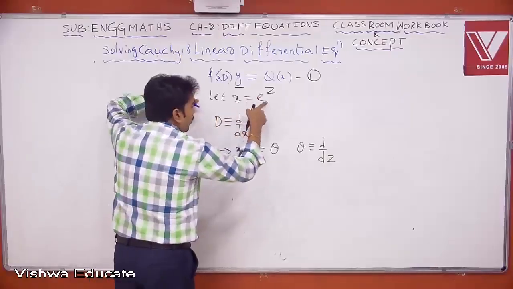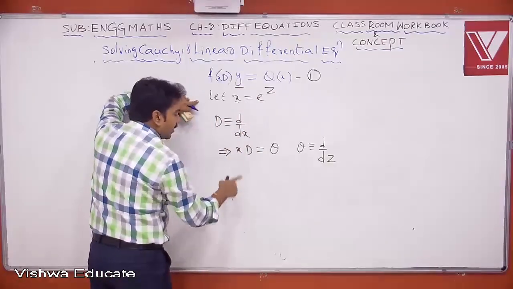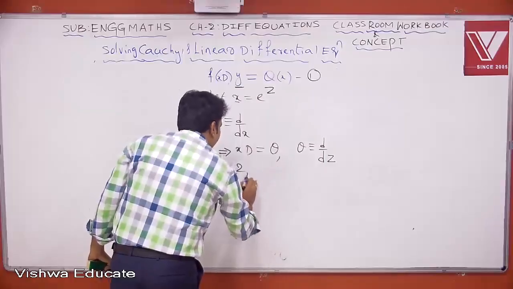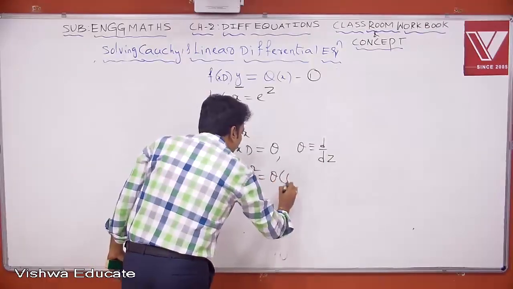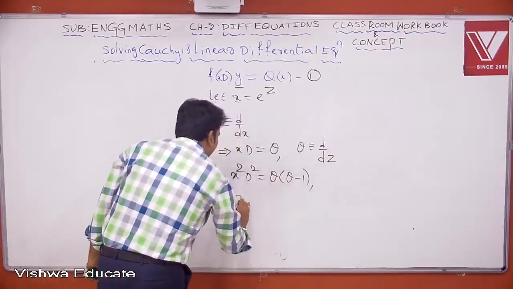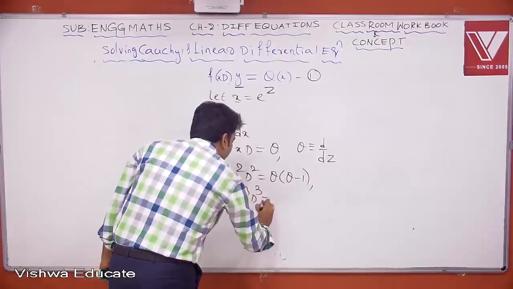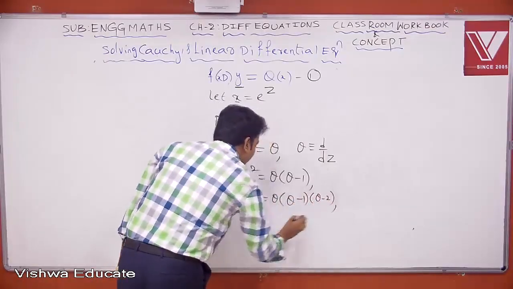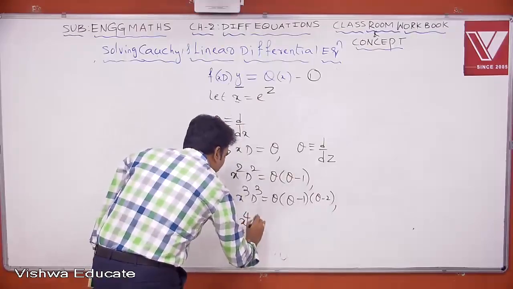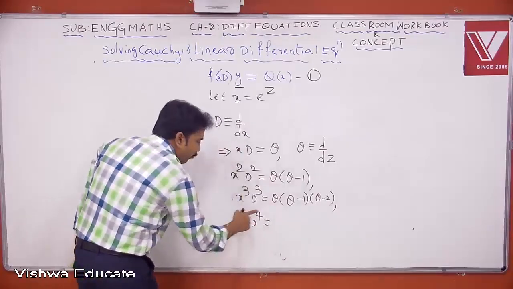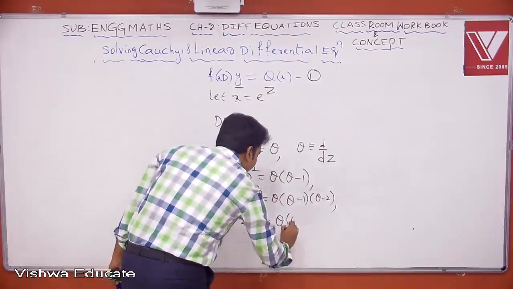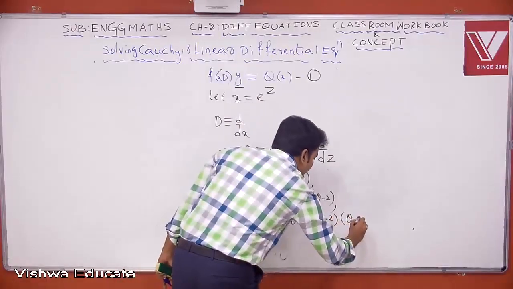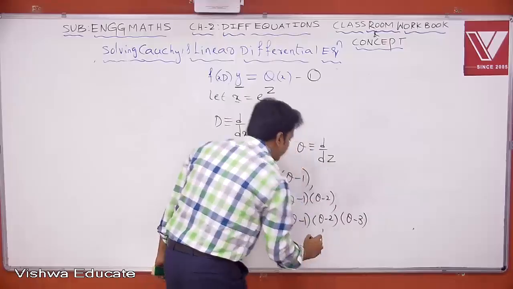So when x equal to e power z, the changes will be like this: xd equal to theta, x square d square equal to theta into theta minus 1, x cube d cube equal to theta into theta minus 1 into theta minus 2. If I take x power 4 d power 4, since there is a number 4, I get 4 terms: theta into theta minus 1 into theta minus 2 into theta minus 3, and so on.